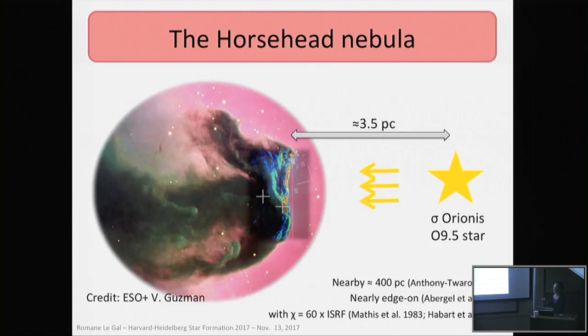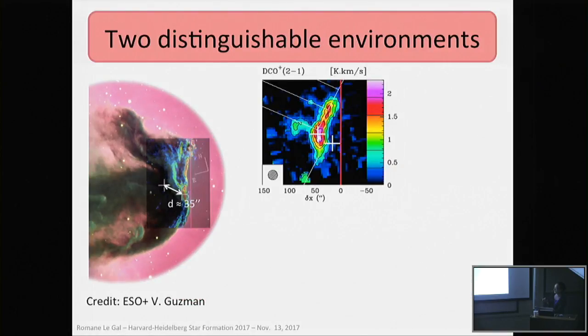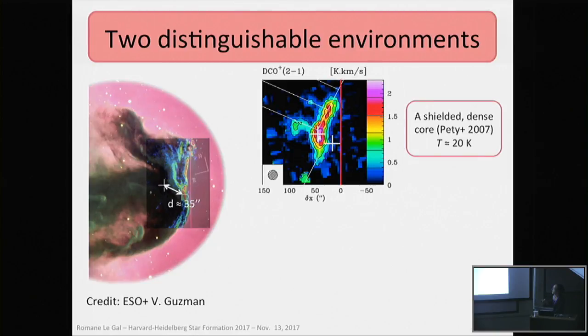And so mainly two positions were observed during the past 15 years, and they are only a distance of 35 arcseconds from one another, which corresponds to less than 0.1 parsec, but they have been shown to trace very different environments. This was first pinpointed by the detection of DCO+ in only one of these two positions, the most embedded one.